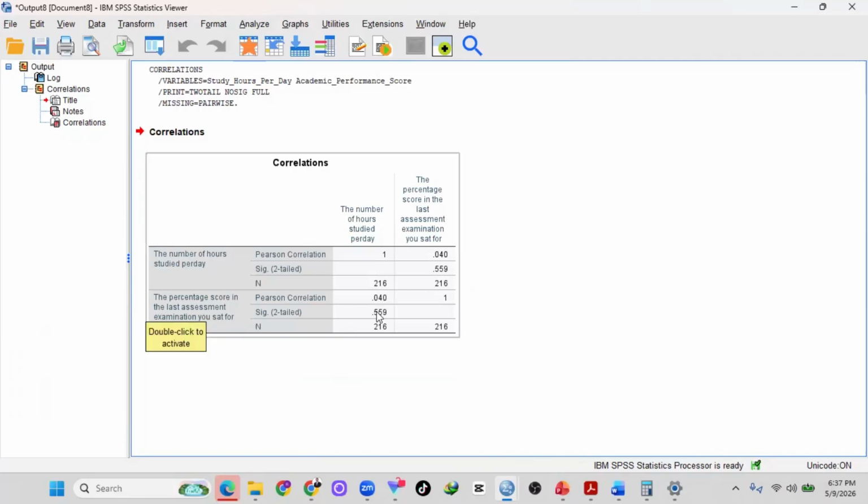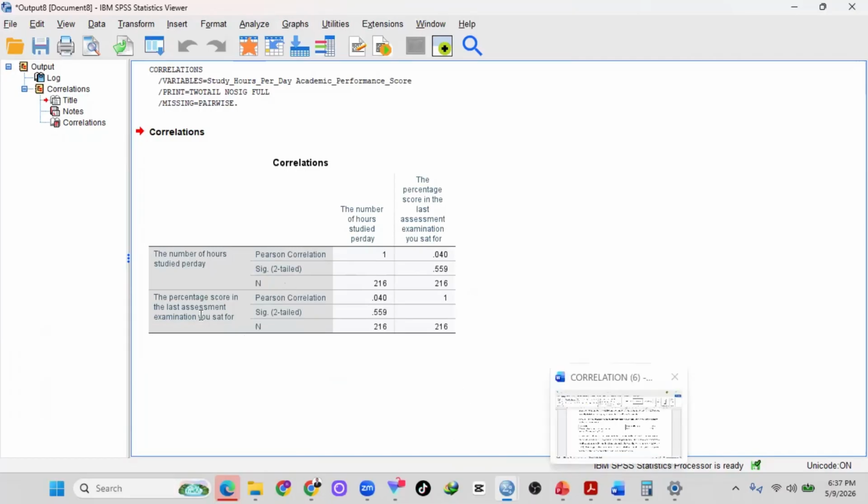They have just put here 216 as n, which is the total number of respondents that we have. So we see we have 0.040, which is the Pearson's coefficient, with the p-value of 0.559, and the total number of respondents we had was 216. So this table is the one that I have copied and pasted here.